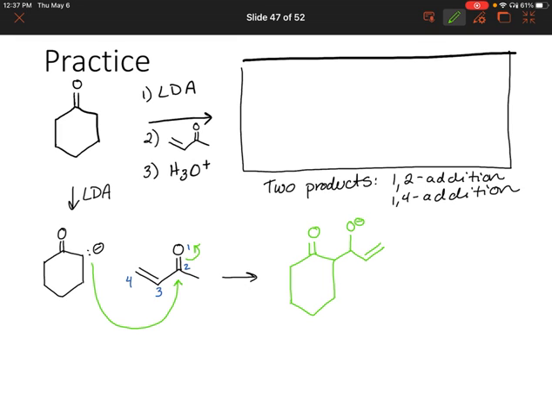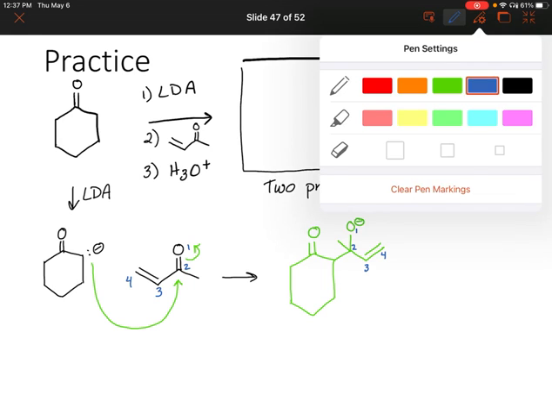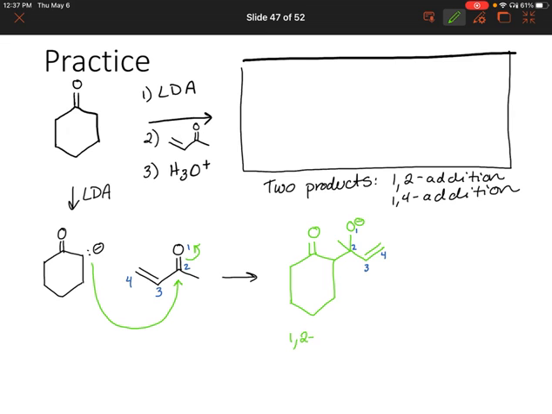All right. And let's just number those same atoms so we can see how they added to our molecule or our enolate. So again, this is for 1,2 addition, and this is our intermediate.